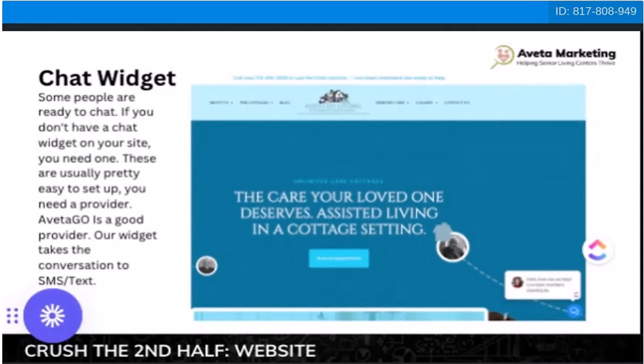Ours is different in that if you stick our widget on your website for chat, it takes the conversation to text. So as soon as they fill out the chat widget, basically what they get when you respond is a text. And so the conversation moves from the website to where they're used to communicating, to their phone.